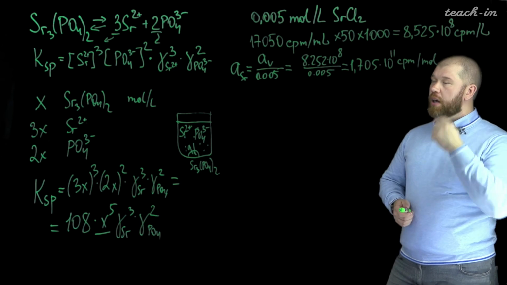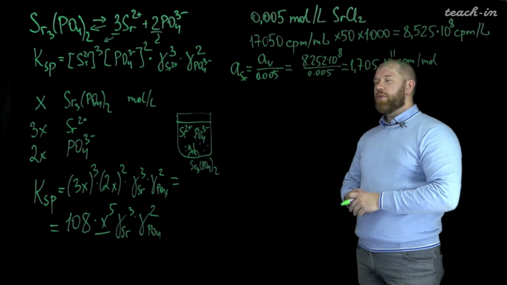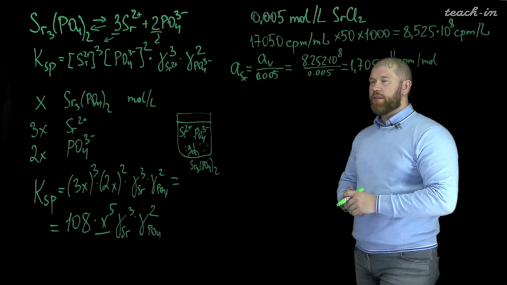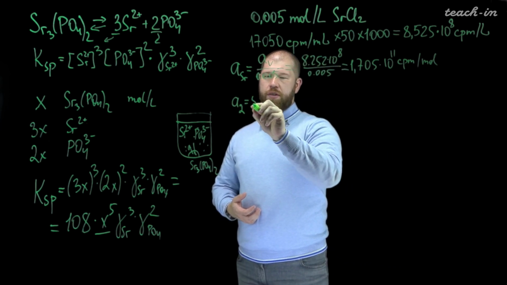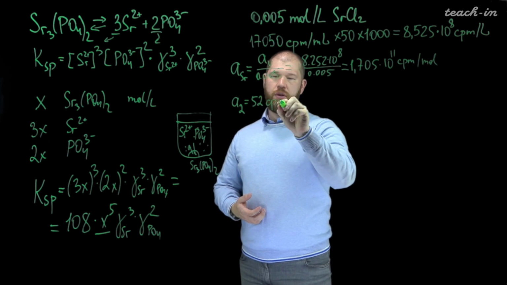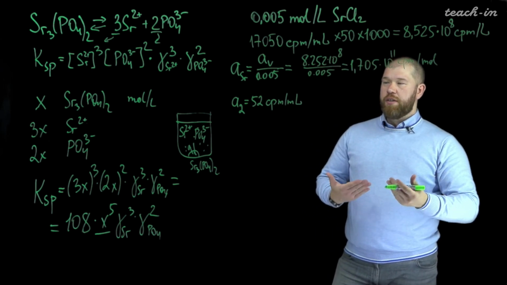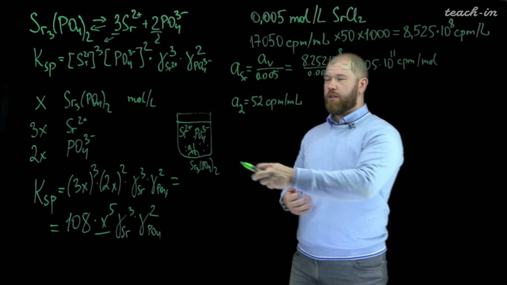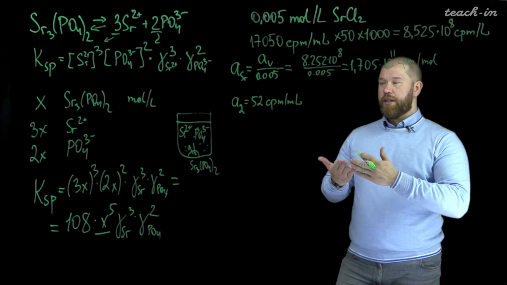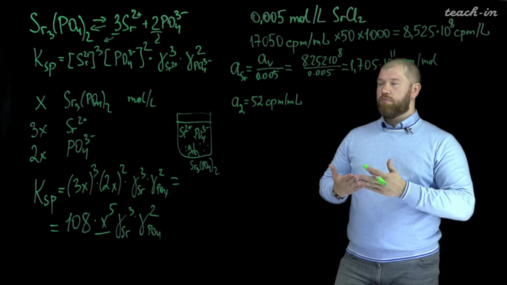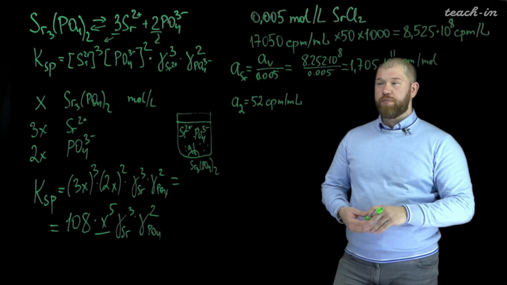What next? Now, as far as we know, the specific activity of the saturated solution, let's call it A2, is equal to 52 CPM per milliliter. And the whole activity of this saturated solution is coming from strontium. Thus, we can easily calculate the concentration of strontium in this saturated solution.